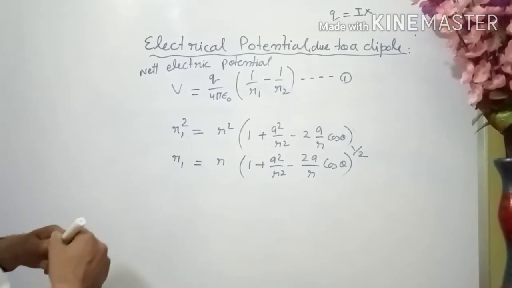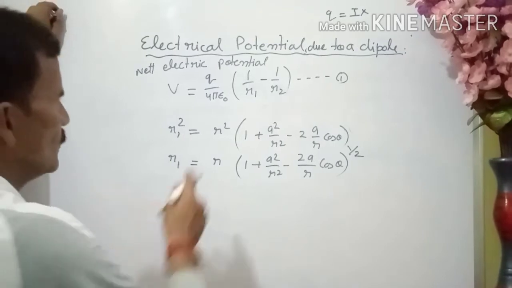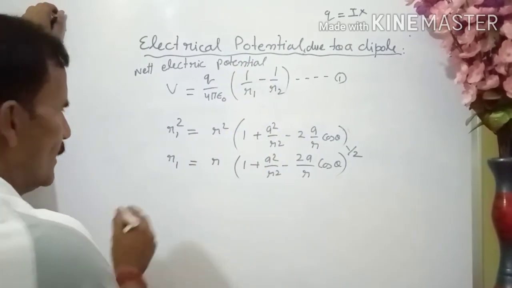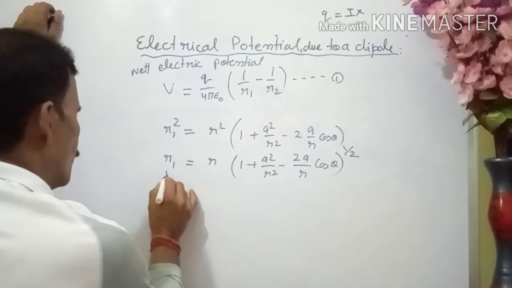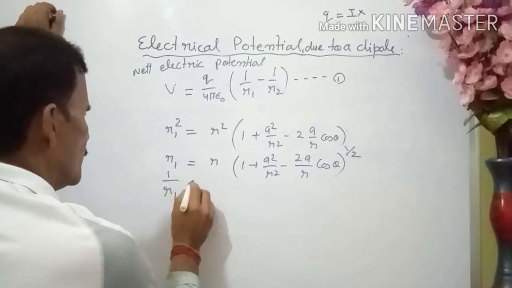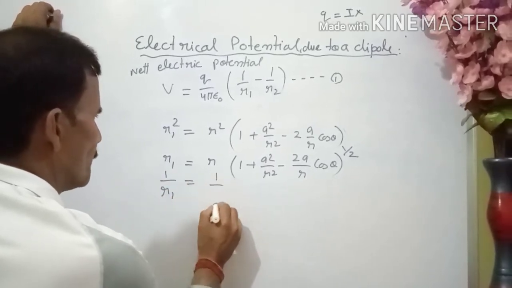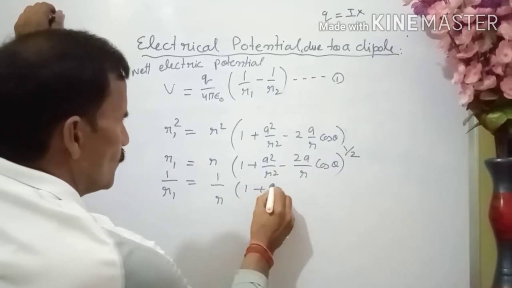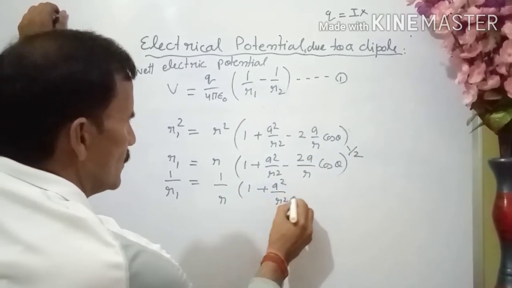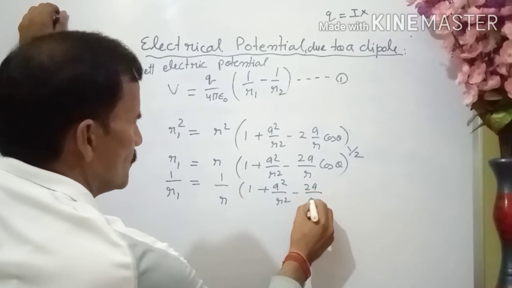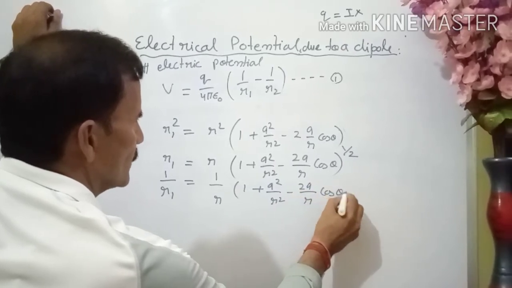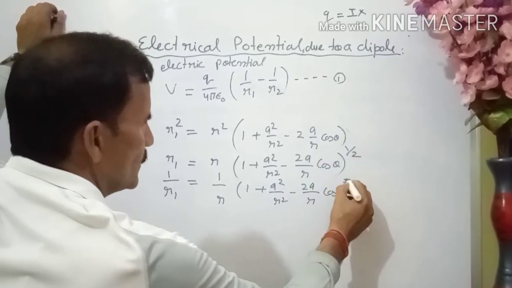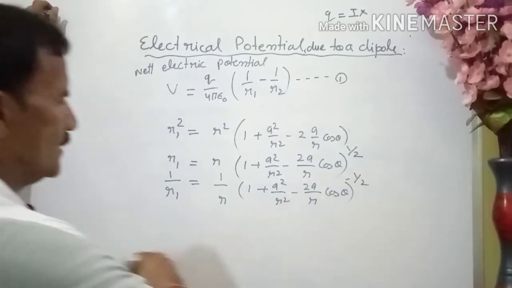And if 1 upon r1 is required, then 1 upon r1 is equal to nothing but 1 upon r, and this will be minus. Why minus? Because you are taking 1 upon, so the index will be minus.